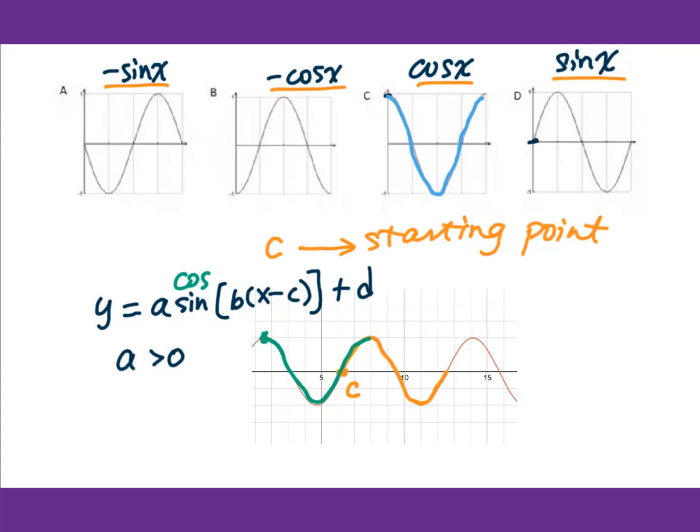Then this point, I could say this is a C. So, what C is depends on what function you're looking for. Is it positive sin x or negative sin x? Is it positive cosine x or negative cosine x? Remember the pattern for each function.